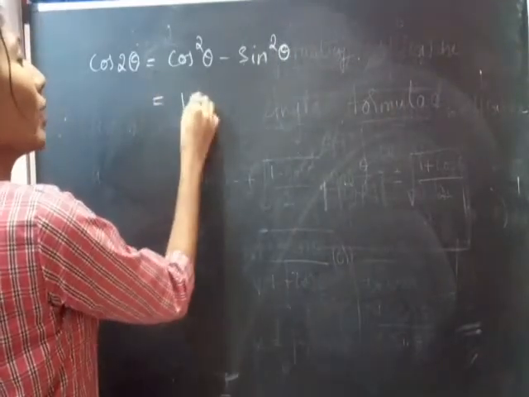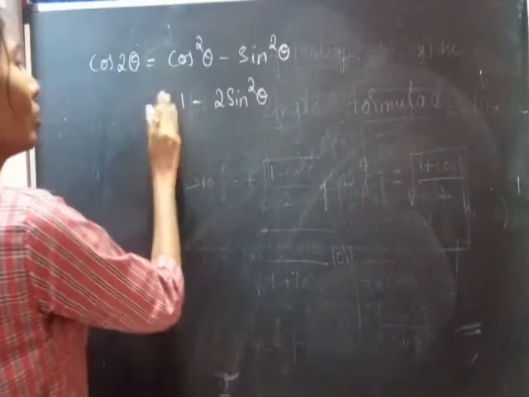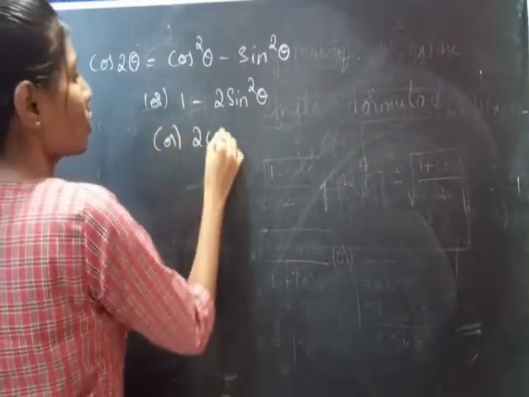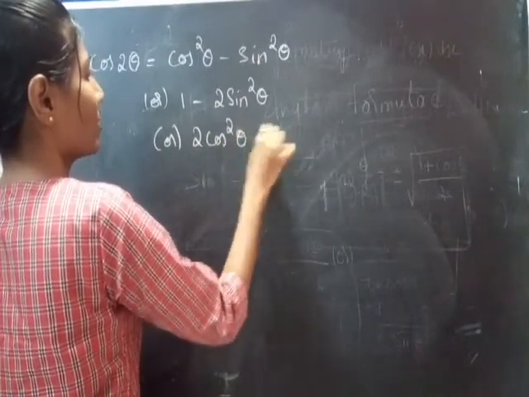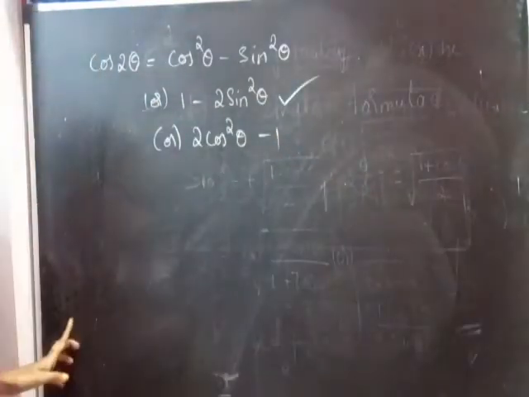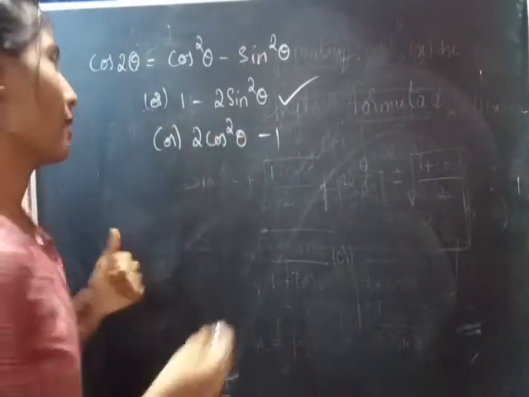Also, 1 minus 2 sine square theta, or 2 cos square theta minus 1. Okay. Suppose you consider cos 2 theta is equal to 1 minus 2 sine square theta.